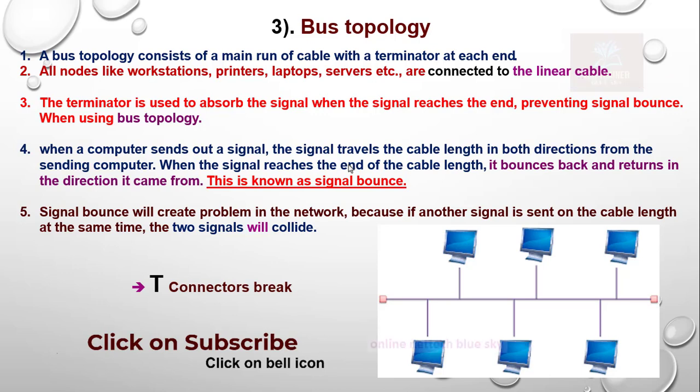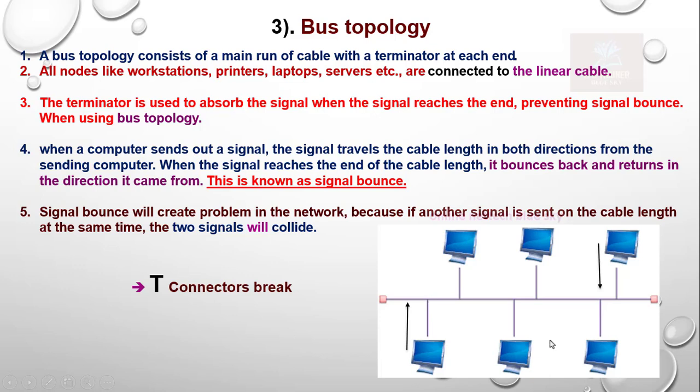You can see here the bus topology. It has this main cable for your PC, connected by T connectors. The T connector is set up here on this side, and this is the main cable of your computer systems, and your data is sent by this main cable.